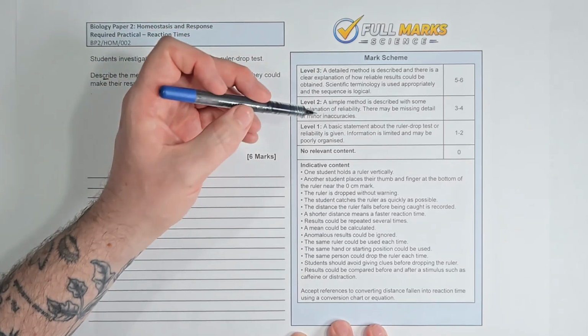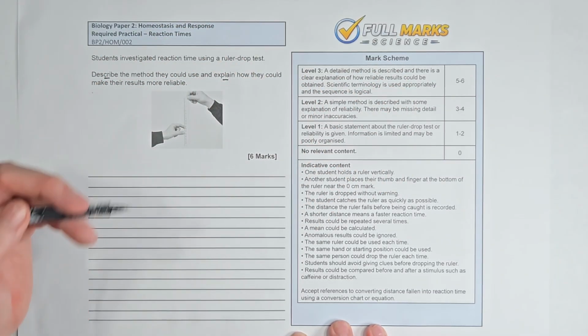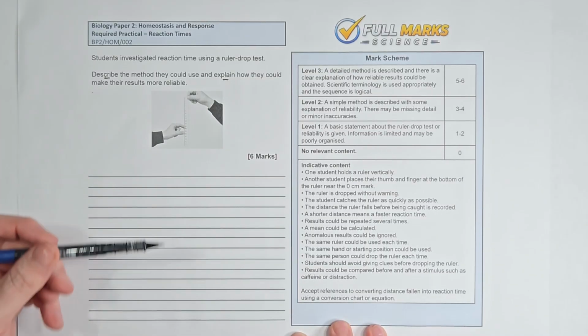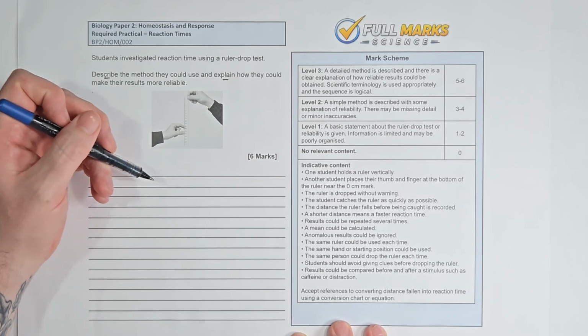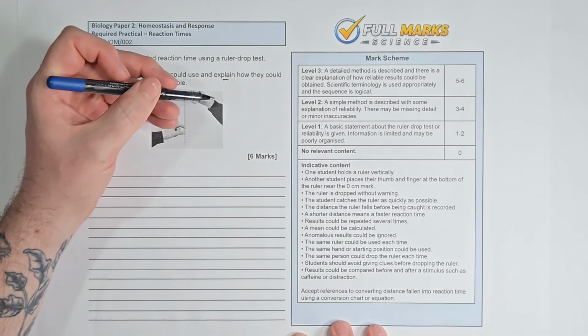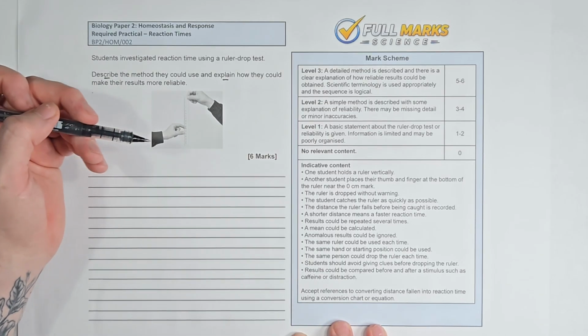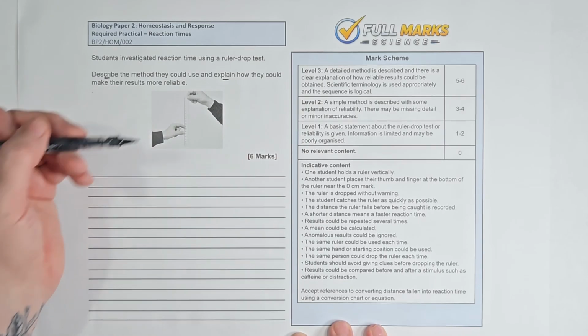And the way that I like to describe these method questions is, could you give your method at the end? Once you've finished all of your method, have another quick read through it. If you handed that method to somebody who'd never seen this experiment before, maybe from another planet, they don't do biology, they don't know what a required practical is, and you give them this method and a ruler, could they do this experiment?